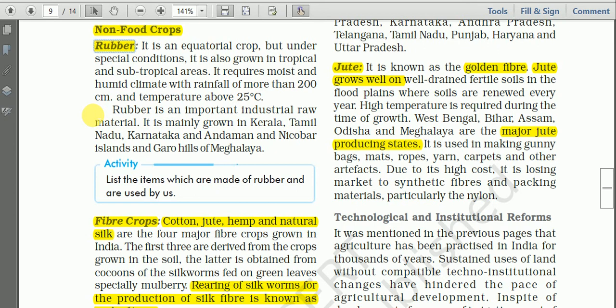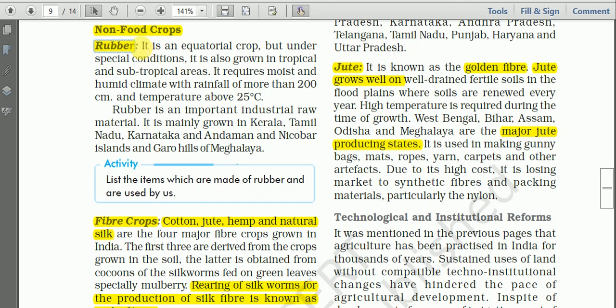It is used in making tires, tubes, and different other items. We get rubber from rubber plants, rubber trees, as well as from petrochemicals, which is a synthetic one. Here we shall learn only about the natural one, grown naturally.